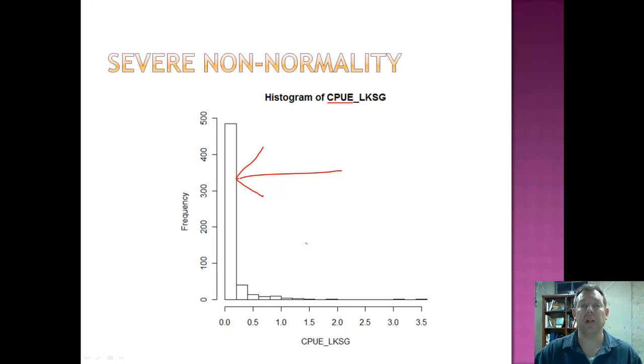A lot of times, especially if you're recording counts of something, you're going to get a lot of zeros. This is what I would consider a severe deviation from normality, and I would have a difficult time justifying running a parametric stat on data with this distribution.